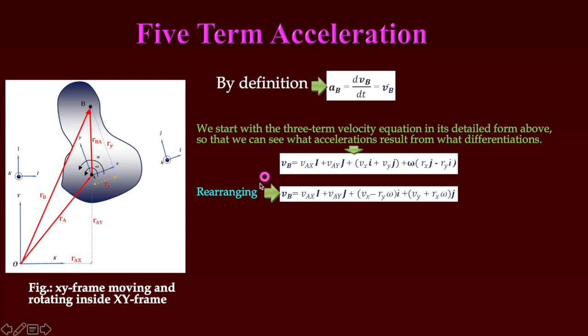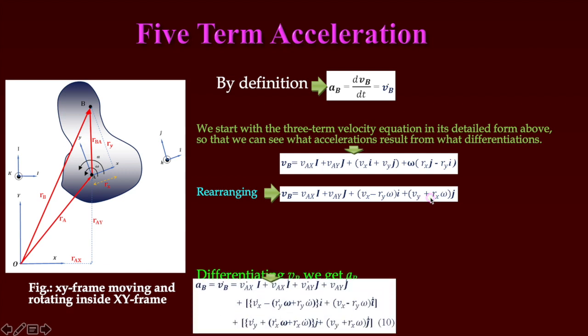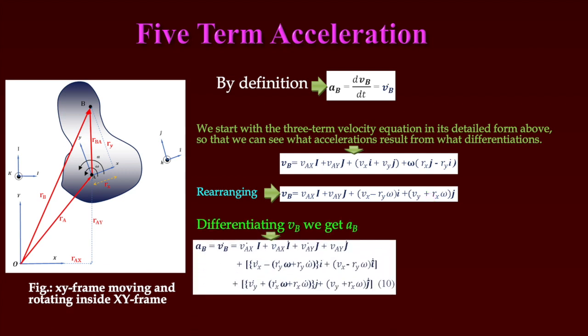Rearranging the equation, we take i common and here j is common, because in both the terms there are i and j terms. So take common only the i terms here and the j terms here, to facilitate the differentiation.